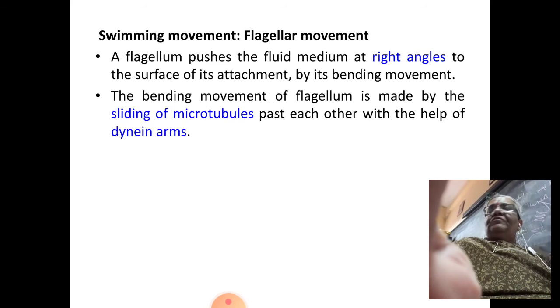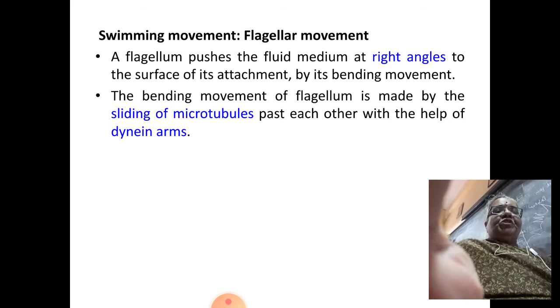While explaining the structure of the flagellum, I had told you about the 9+2 arrangement, doublets, and the doublets having the dynein arms. You please recall that point.